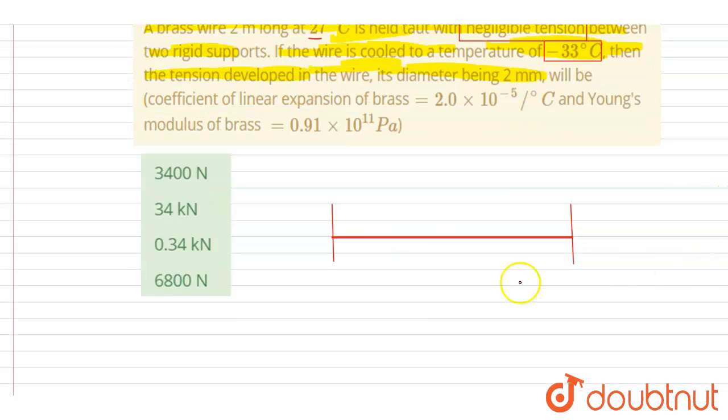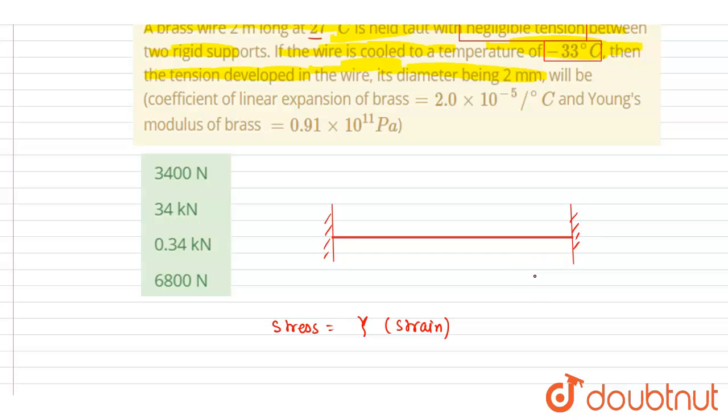So let's see how much tension will be developed. I will write down stress is equal to Young's modulus times strain. What could be the strain? If the wire wasn't fixed at both ends, it could contract by whatever amount it wanted.